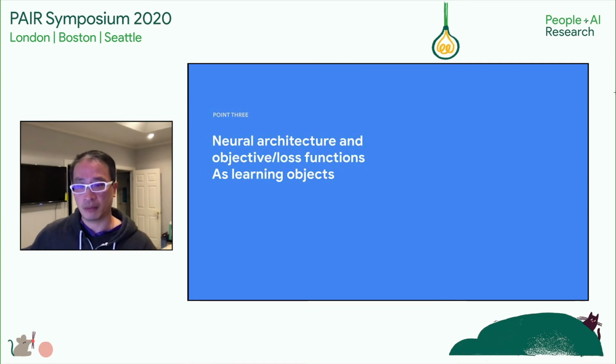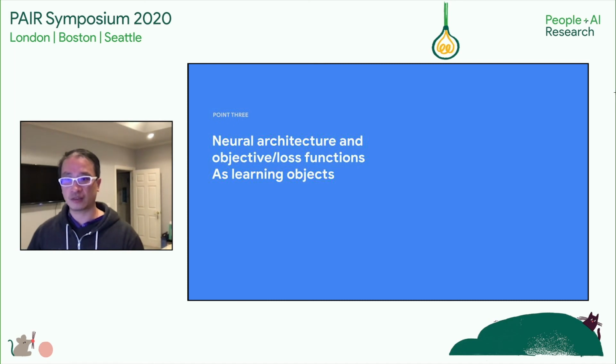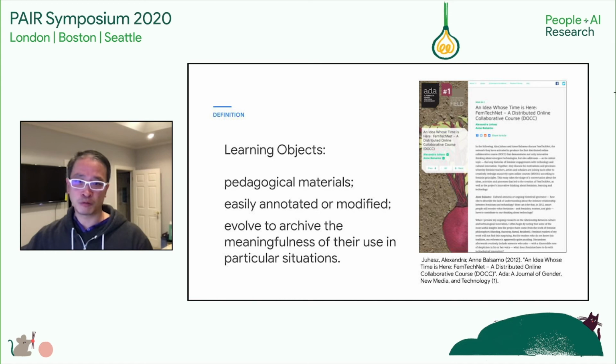The third point I wanted to make is that neural architectures combined with objective and loss functions are actually learning objects. Now, why am I mentioning that? Well, one of the things that I learned when I looked up the Wikipedia article on boundary objects is that there's this article by Anne Balsamo and one of her collaborators, I know Anne, so I'm referring to her, talking about boundary objects that are actually learning objects.